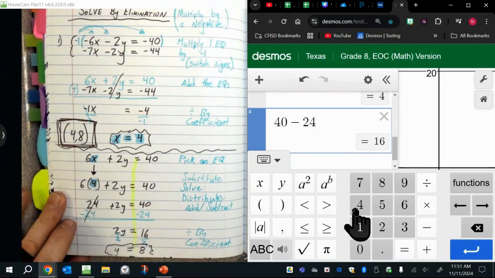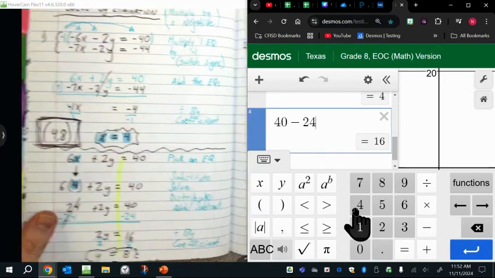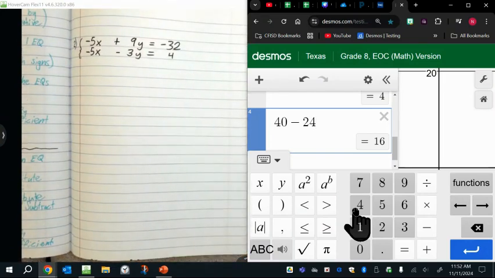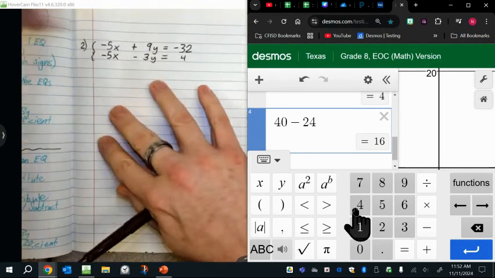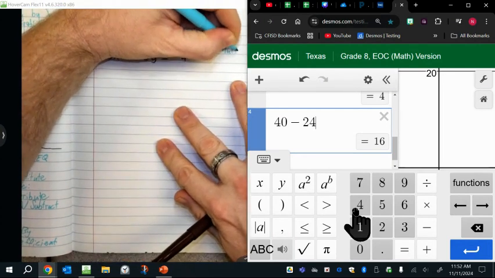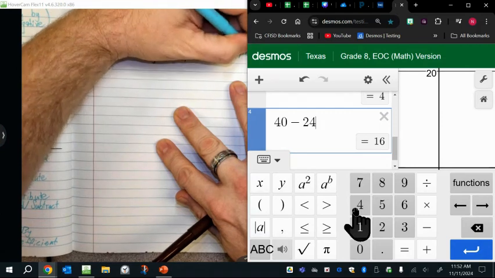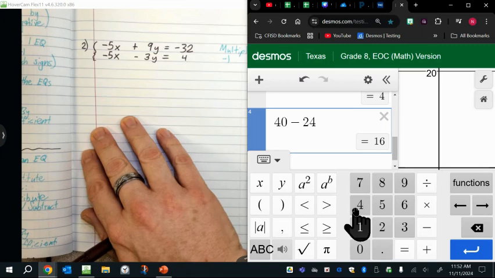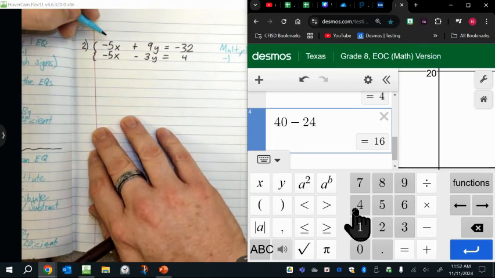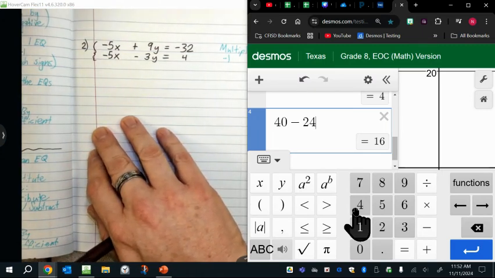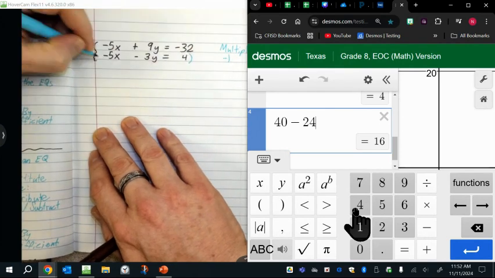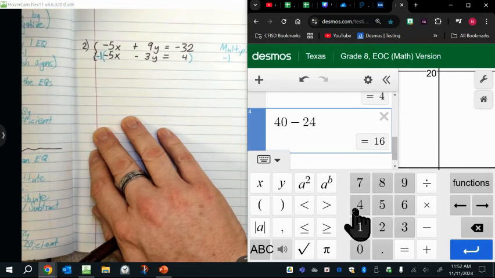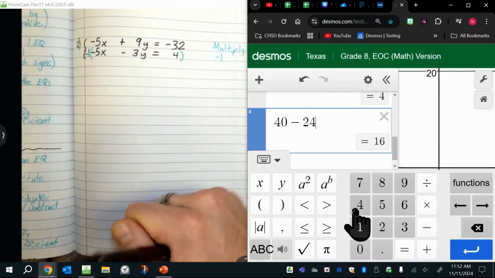All right, my next example, same thing. We're going to multiply one of the equations by -1. Pick one, it doesn't matter. There's more negatives in the bottom one, so let's just do the bottom one this time. So we'll multiply this by -1. So we're forcing things to be opposites.